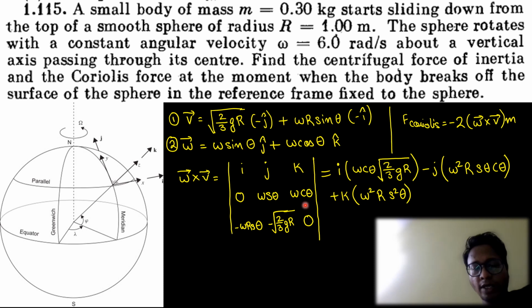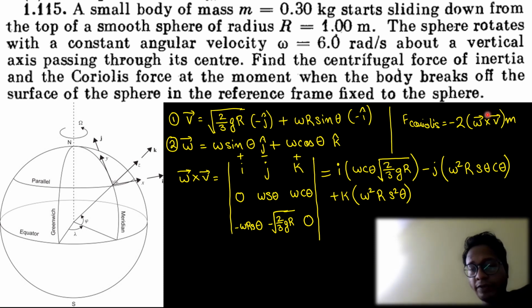Plus k. Now cover out this row and this column. This is plus, minus, plus. So k into cross multiply these two, 0 into anything is 0, minus this minus and minus becomes plus, and omega sine theta into omega sine theta is nothing but omega square r sine square theta.